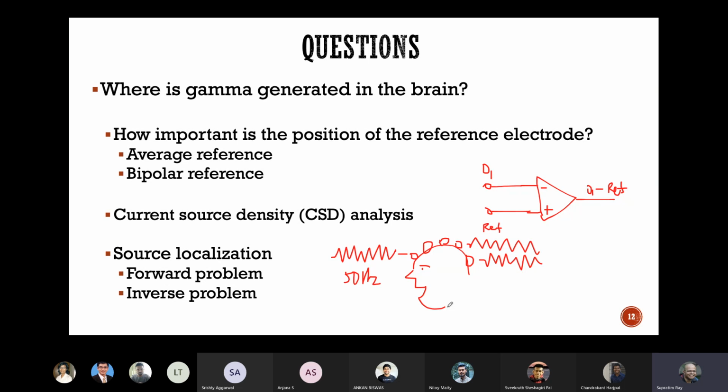All of these run on 50 hertz, and they generate a lot of noise, and our body simply picks it up. You will see this huge noise just because of the ambience. It's like a tube light or a bulb, you're seeing a lot of electromagnetic radiation, and our body is just picking it up.